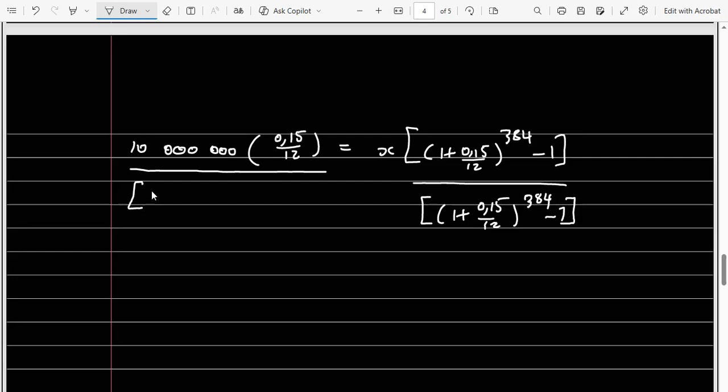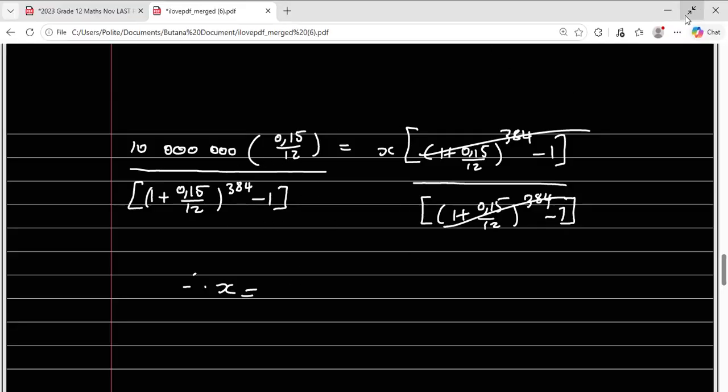So I'm going to divide this by 1 plus 0.15 over 12, and then everything to the power 384 minus 1. And please, when you punch this on the calculator, you need to be very careful. So this cancels, and then now we can solve for X. Whatever answer we get when we do that fraction, it will be X.